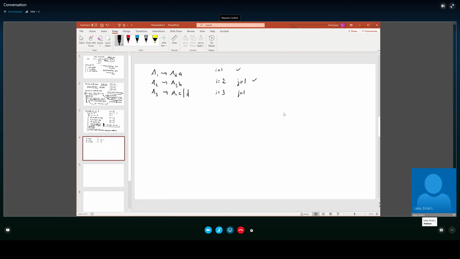We replace it by A1 goes to whatever A1 produces, which is A2a in this case. So we get A3 goes to, so we take this A1 and replace the A1 by A2a. And then we have, of course, the little c.